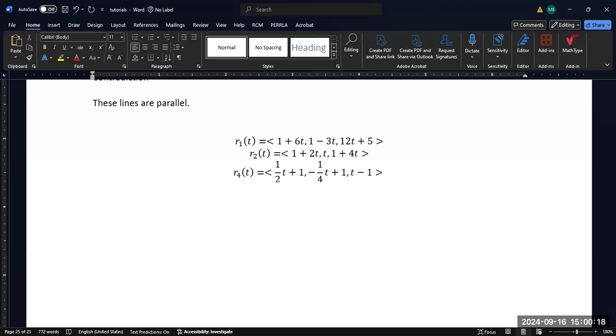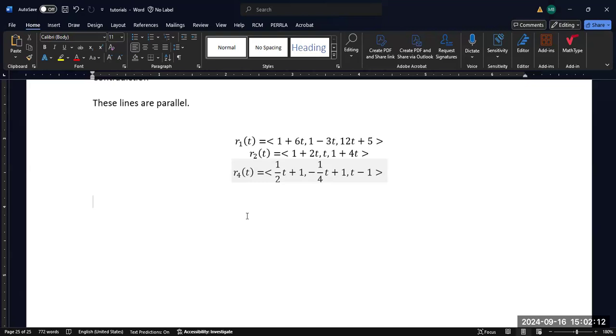Now, if we want to determine if they're intersecting, then we need to find a point on the line that they share. And if they share no coordinate points, then we know that they don't intersect, that they're therefore skew. So our procedure is going to be somewhat similar to determine if there is a point of intersection.